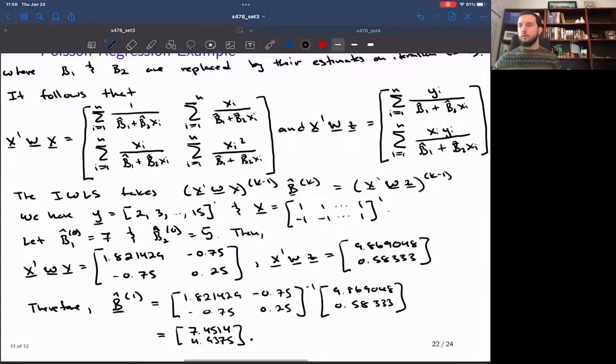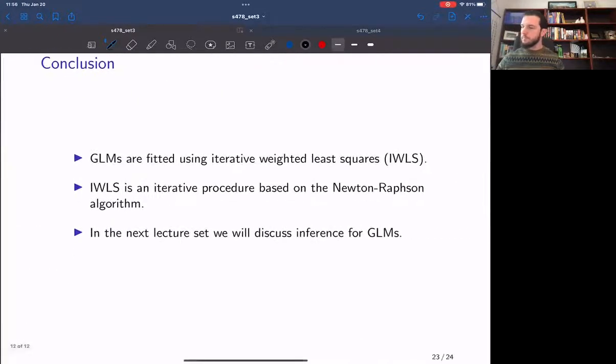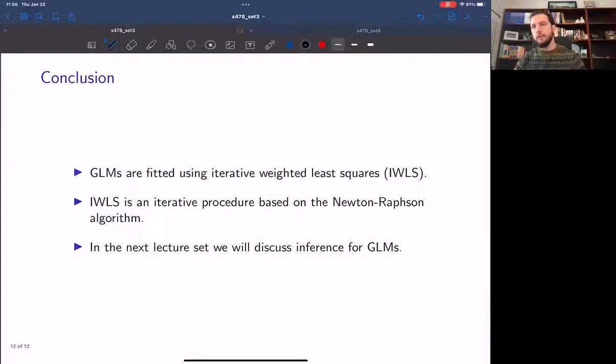Okay, so assuming there are no questions, this lecture set was basically about how GLMs are fitted in the general case. GLMs are fitted using the IWLS process, iterative weighted least squares.